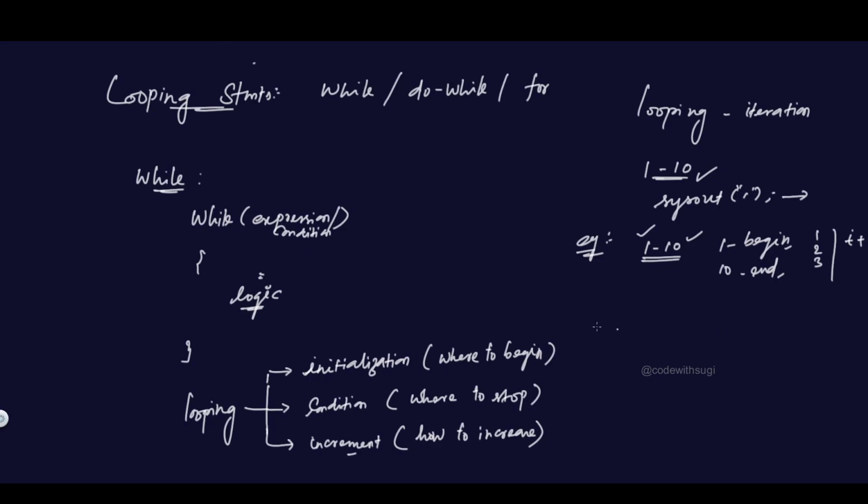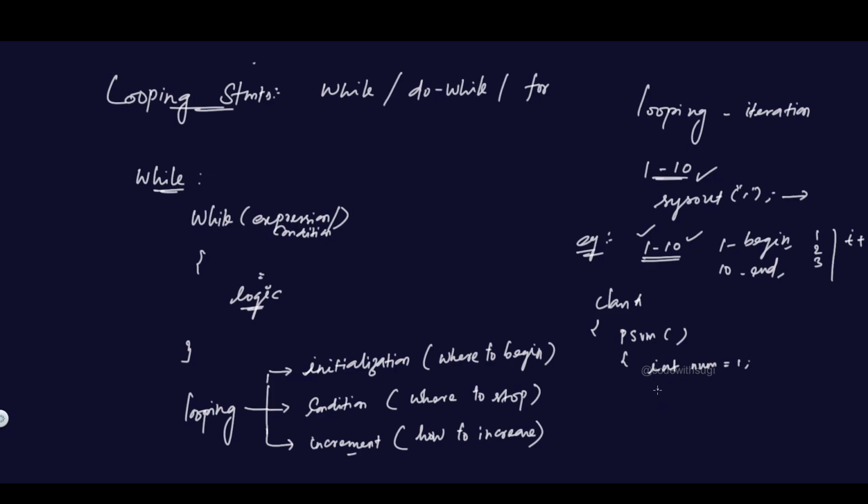Fine. So let's consider class A, then we will have the main method. First we have to write the initialization. I'm going to say int num equal to 1, because I'm going to begin from 1, so that's the reason I'm initializing it with 1.